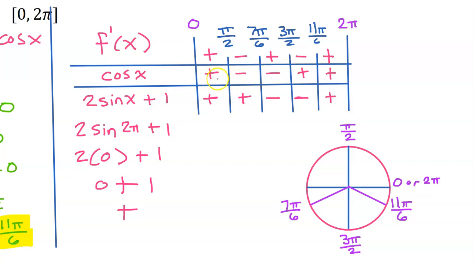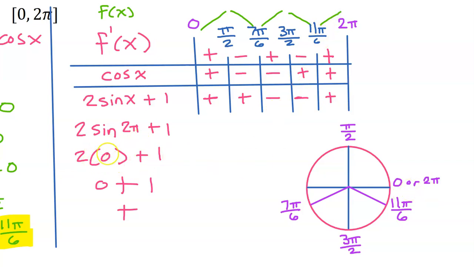So we know that the original function will be increasing wherever f prime is positive and decreasing where it's negative. So f of x should be increasing in this interval, decreasing in this interval, increasing, decreasing, increasing.